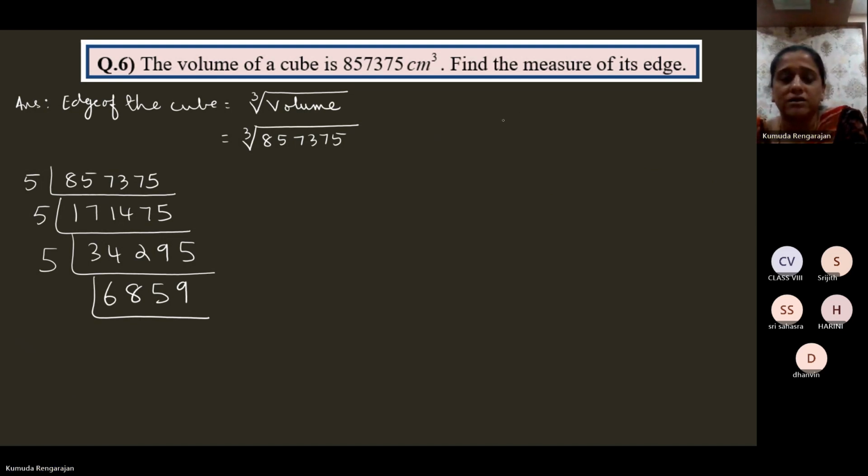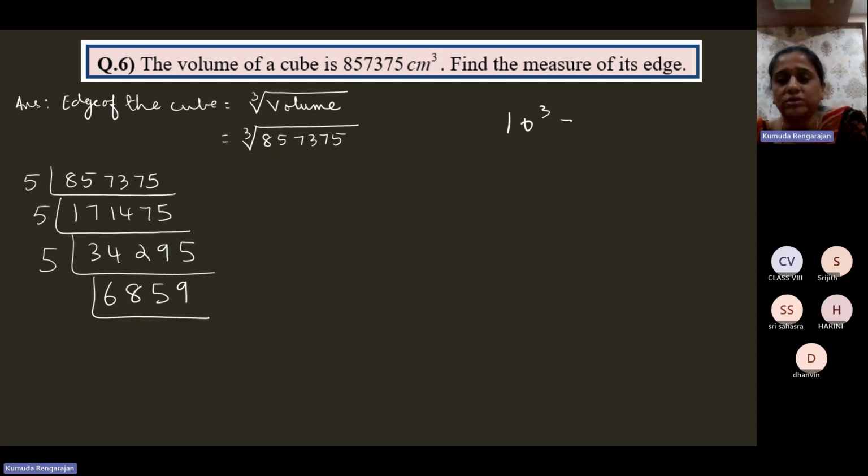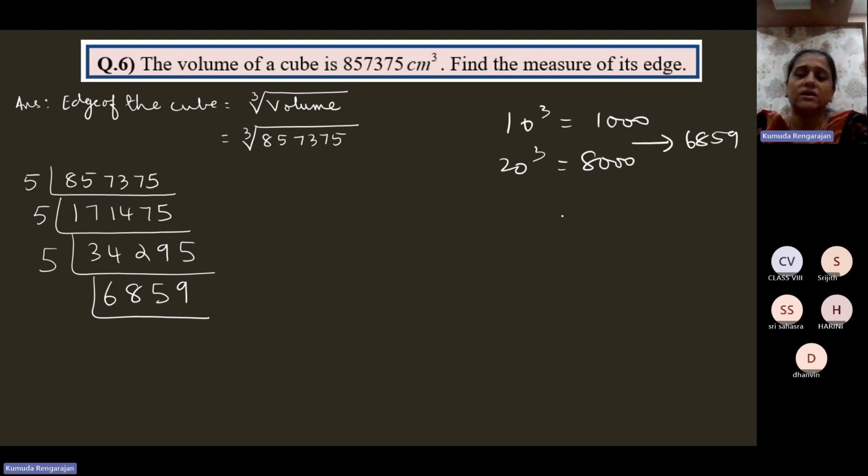Here, 10 into 10 into 10, 10 cubed is 1000. 20 cubed. Listen to me. Don't continue working. 20 cubed is 8,000. Now this number 6859 lies between 1000 and 8,000. So its cube root should be between 10 and 20.